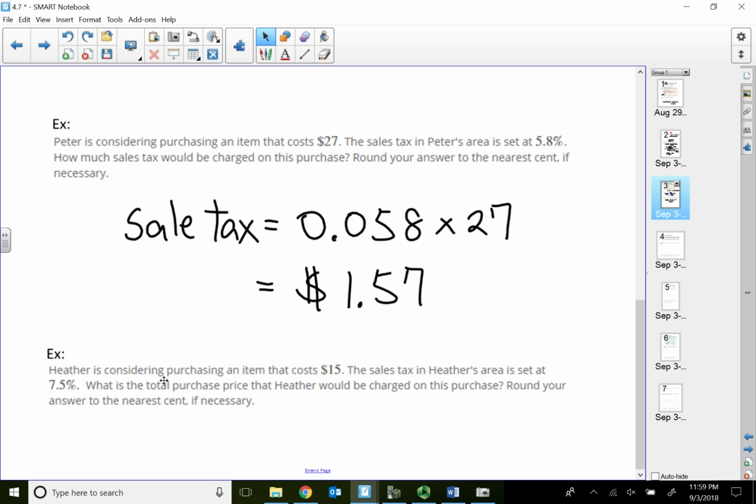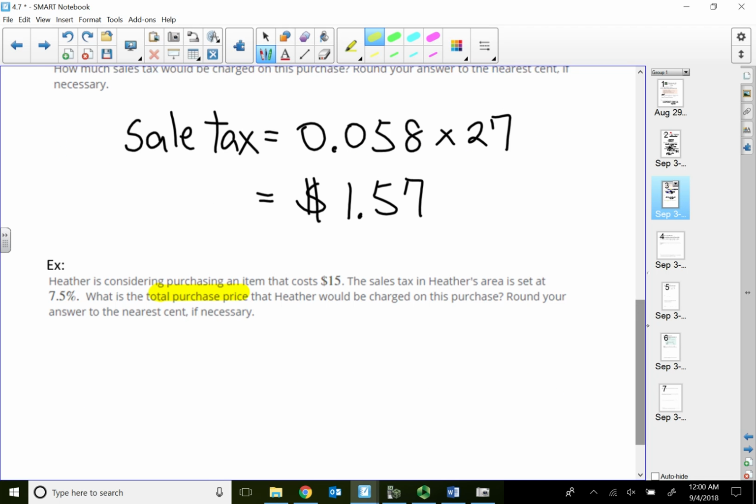Heather is considering purchasing an item that costs $15. This one is almost like that one, but not quite the same. The sales tax in Heather's area is set at 7.5%. Gotta read this carefully: what is the total purchase price? So what is the total price Heather is going to pay?